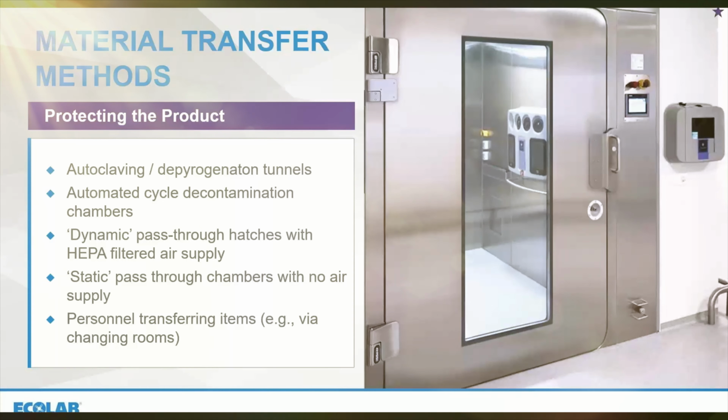But commonly across industry, the pass-through hatches remain commonplace, and there are two designs of these types of hatches. There are those that we might call dynamic, which have HEPA filtered air supply, and interestingly, the revision to Annex 1 is signalling that pass-through hatches going forward should be fitted with HEPA filtered air. And then there are some static hatches as well.